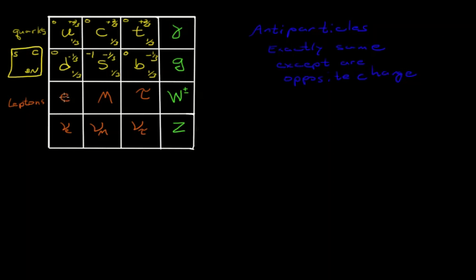Electrons are negatively charged, so a positron is an anti-electron. We could call it an anti-electron, and maybe we should, but the convention is to call it a positron. However, if I have an anti-up quark, put a line over it, whereas this charge is +2/3, this charge is -2/3. But it still has a baryon number of 1/3 and a strangeness of 0.